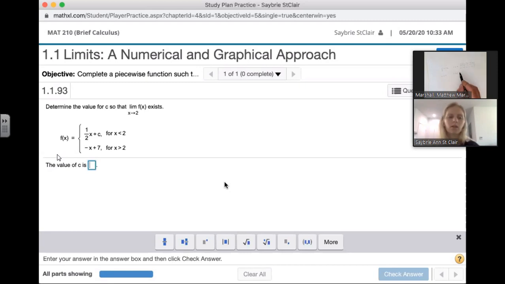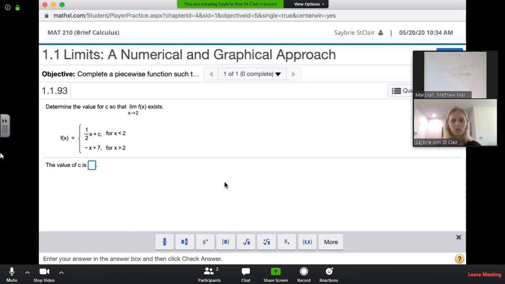And then for the limit coming from the right, more than 2, I'm going to plug in 2.1, 2.11, no, I'm sorry, 2.9, 2.99, and then 2.999. I don't know if you can see my work.